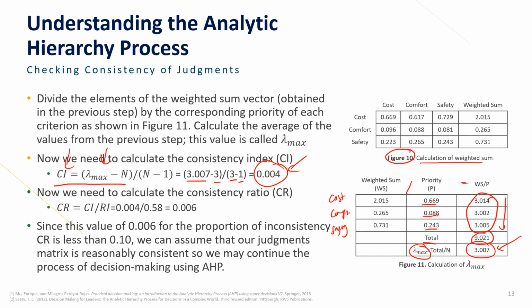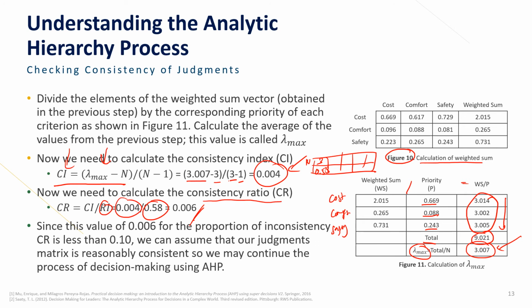However, to calculate the consistency ratio, you need to divide by the random index parameters, in which, as we mentioned earlier, we have a value for each number of criteria, starting from 3, because for fewer than 3 we don't need to check the consistency. The number is 0.58 here, so we use 0.004 divided by 0.58, which equals 0.006.